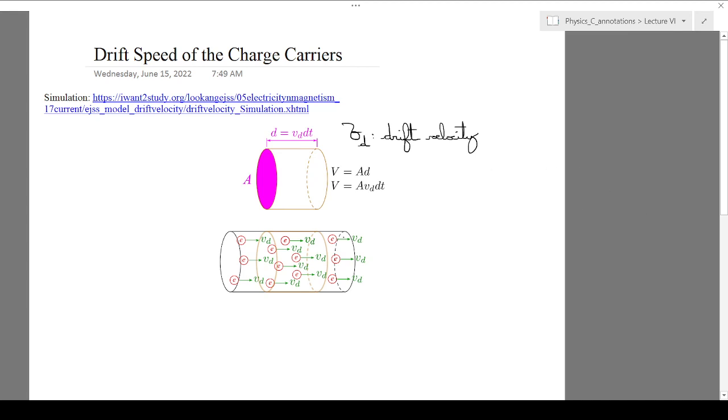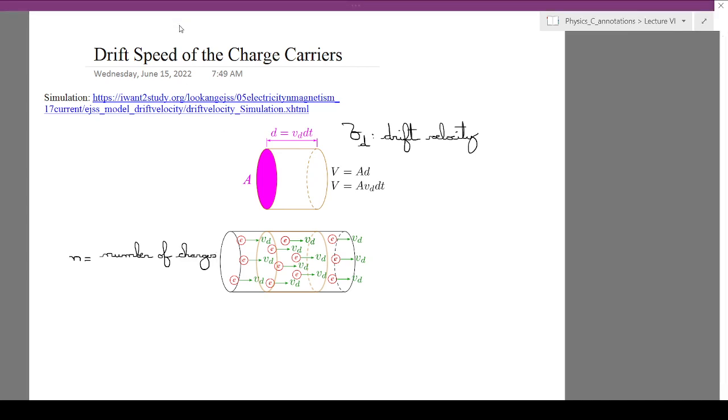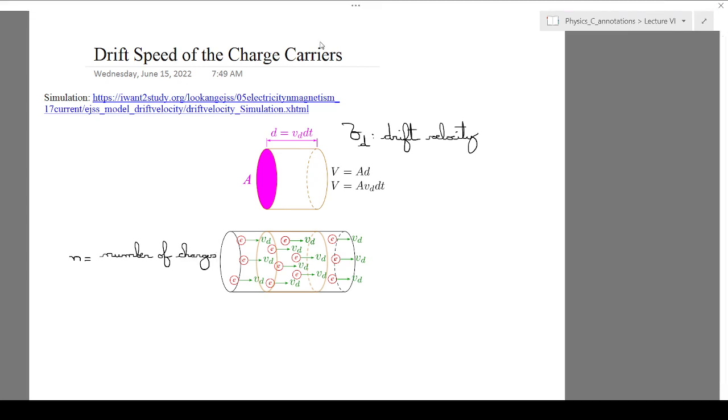And we define one very important quantity here. The number of free charges we call n. This is going to be the number of charges divided by the volume.